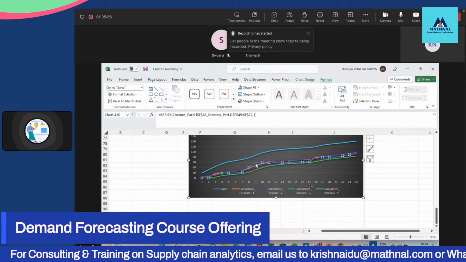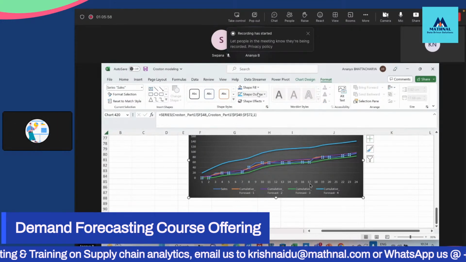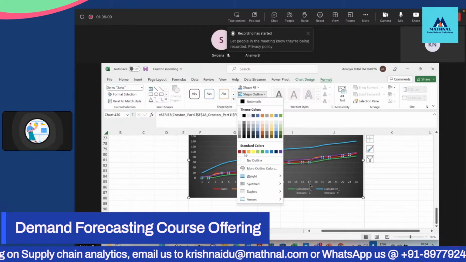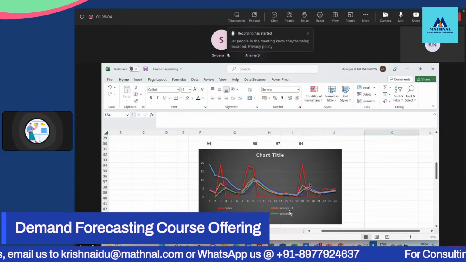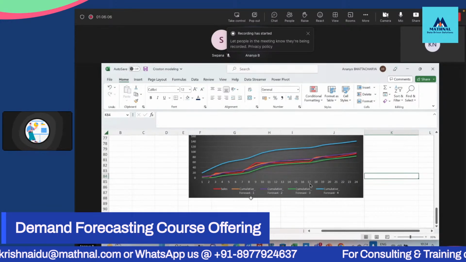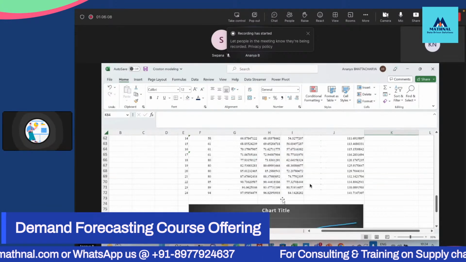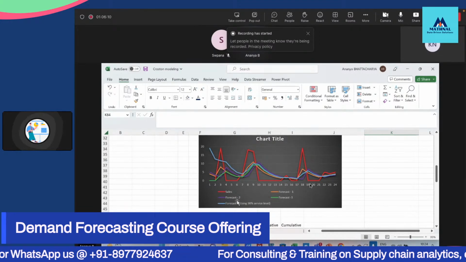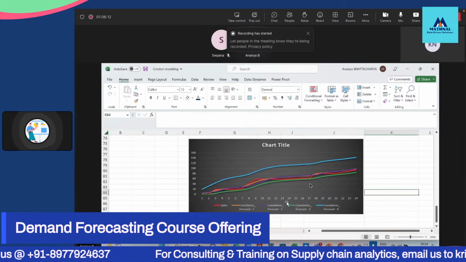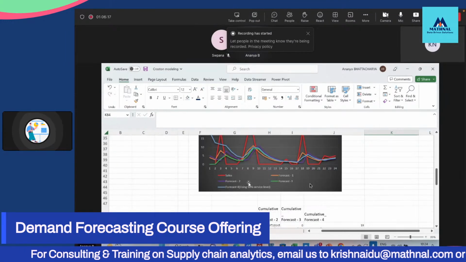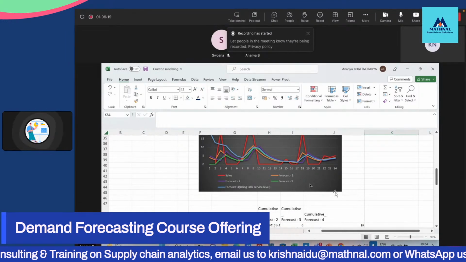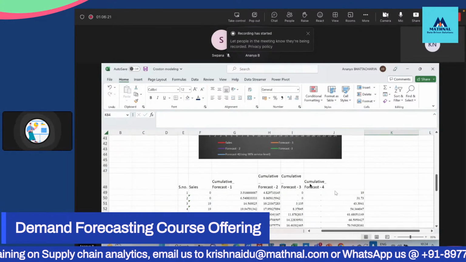The sales is this one. This should become red. Now let's compare. Sales is red here, sales is red here. Forecast one is orange, cumulative forecast one is orange, forecast two is violet, forecast two is violet, forecast three is green, forecast three is green, forecast four should have this sky color. Yeah, so I think this is correct.